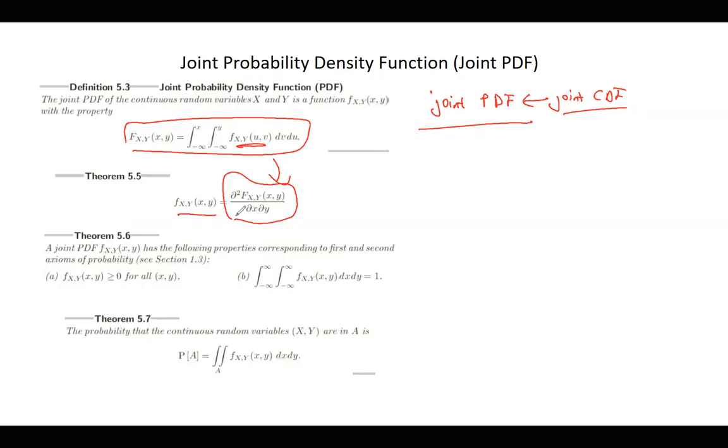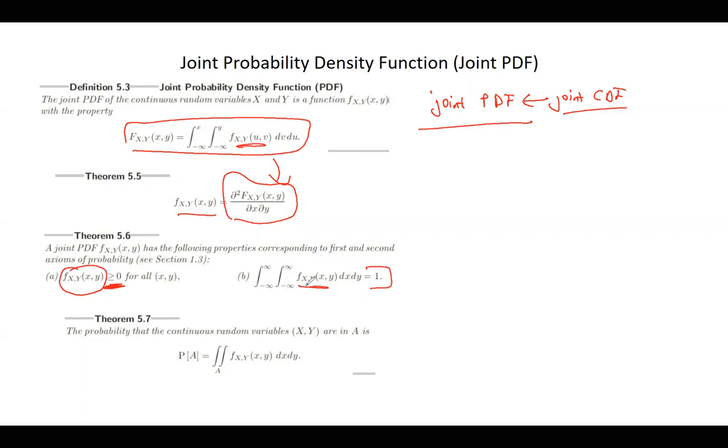We have similar conditions for joint PDF. Joint PDF is always greater than or equal to 0. It's a positive number, it cannot be negative. And double integration of joint PDF is always 1.